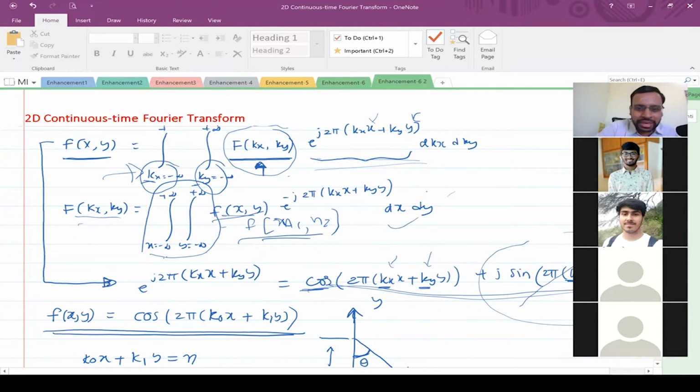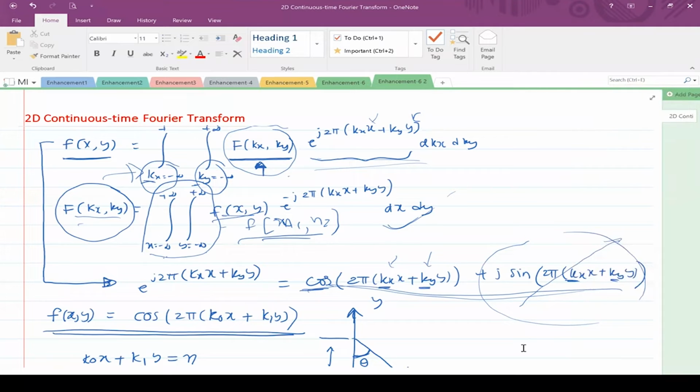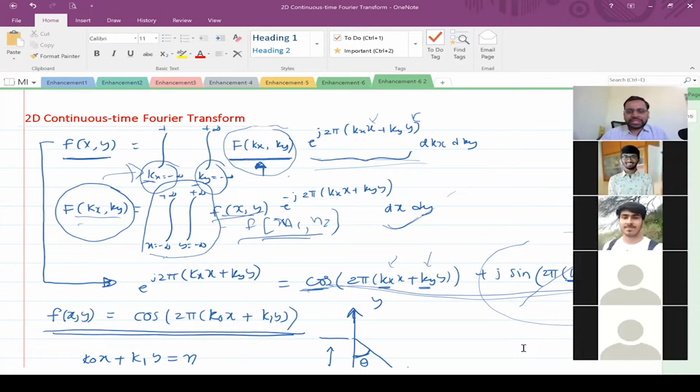Now I give you this second expression, and I want you to get out of this f of kx comma ky only some certain frequencies. So what would you do now? Multiply it again with a bed of nails. That's right. You simply multiply this one with again an impulse function.